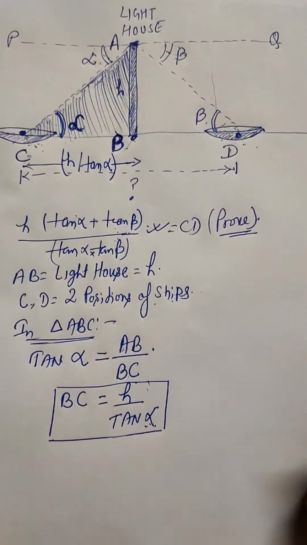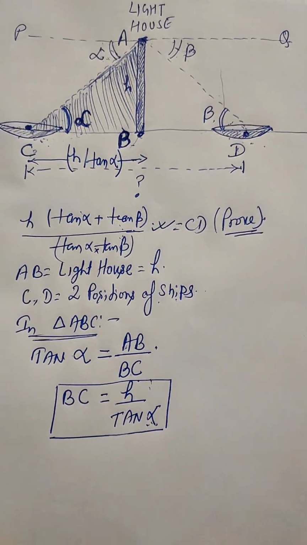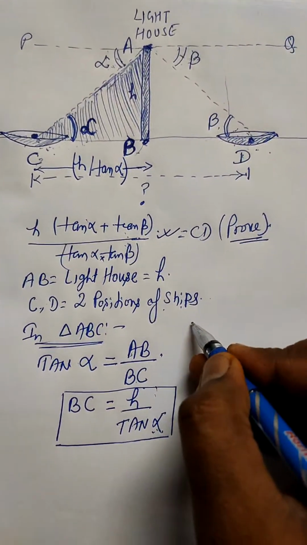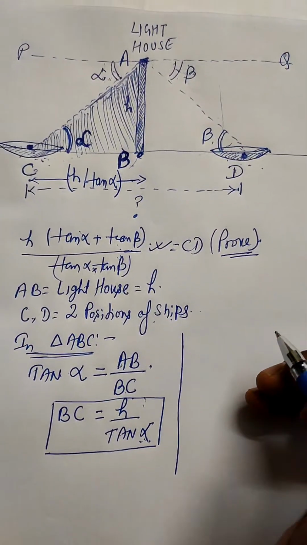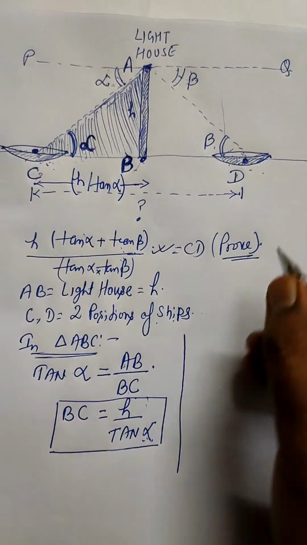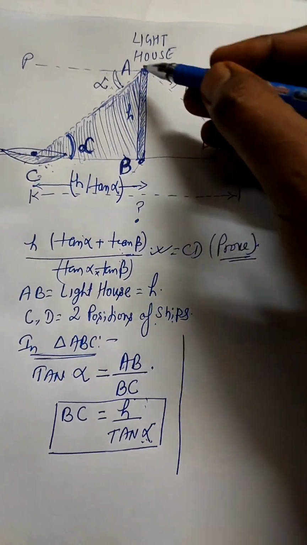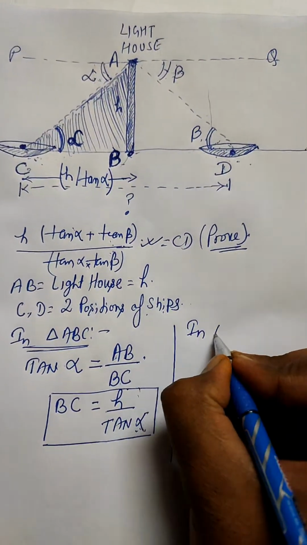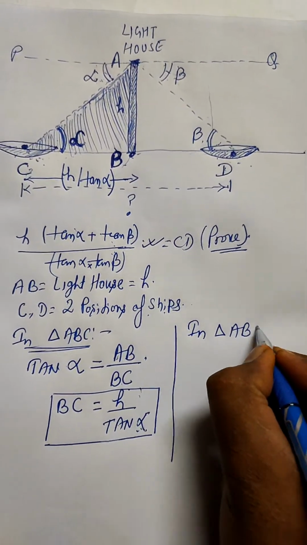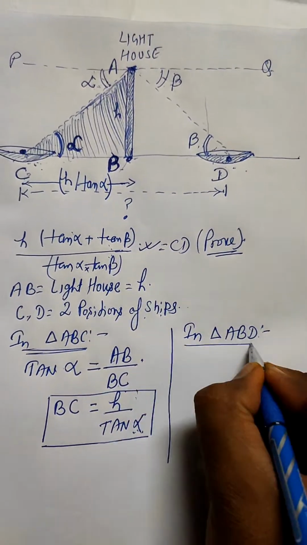Now consider another triangle. Which triangle? Triangle ABD. So in triangle ABD, let us see, students, what happens.